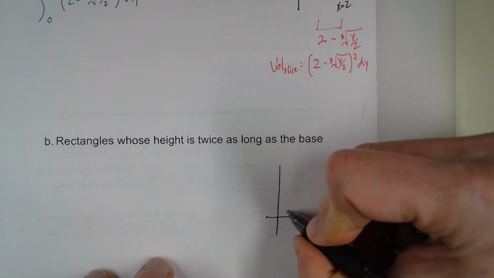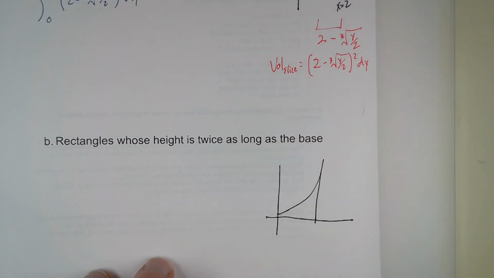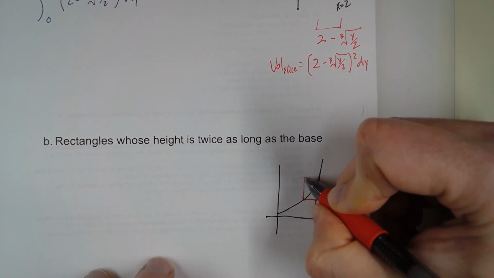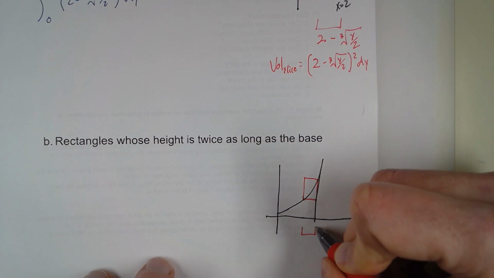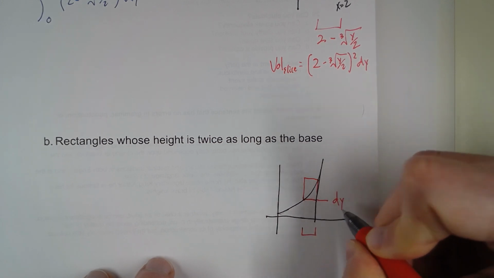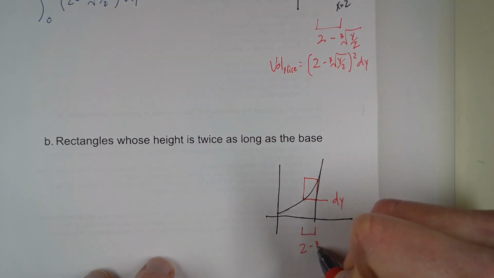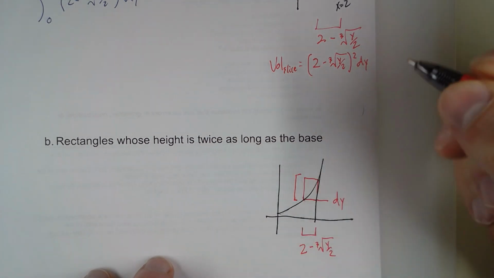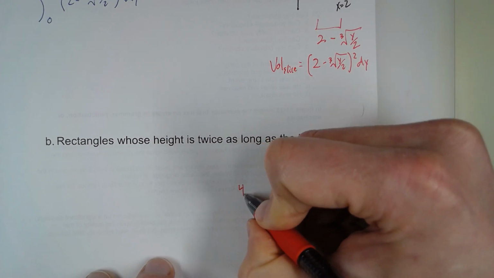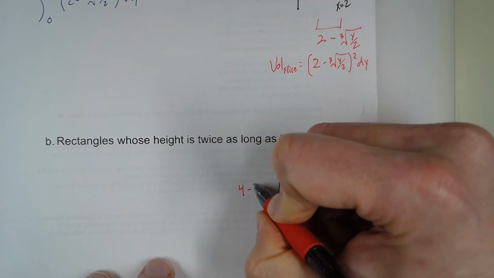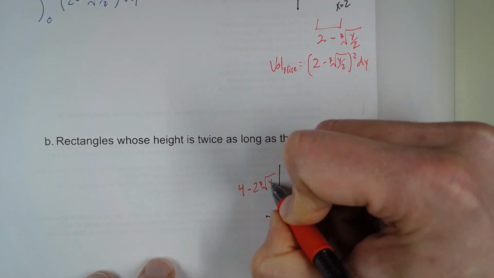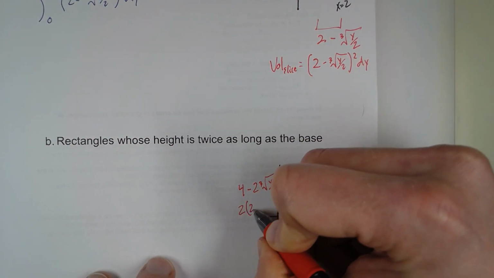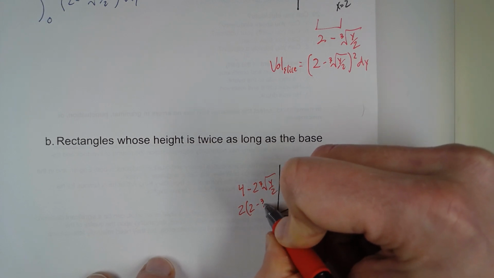Now for the last one, same region, only this time we have a rectangle. So this thickness is dy. This is 2 minus the cube root of y over 2. Now the height of the rectangle is 4 minus 2 times the cube root of y over 2. It's twice as big. But I think most people prefer just to write it in factored form, like this.